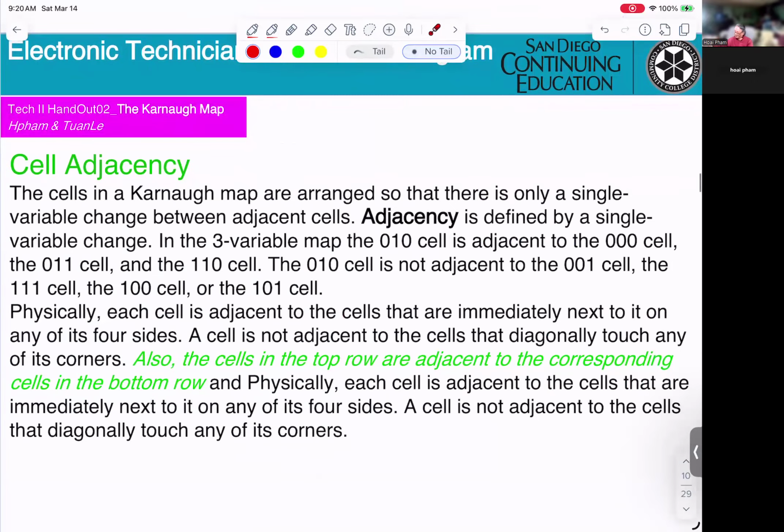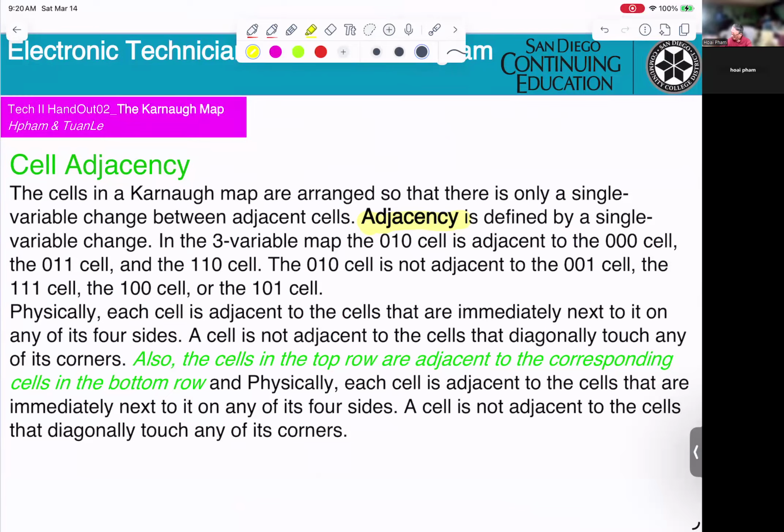Now, cell adjacency. The cells in the K-map are arranged so that there is only a single variable change between adjacent cells. Adjacency is defined as a single variable change.